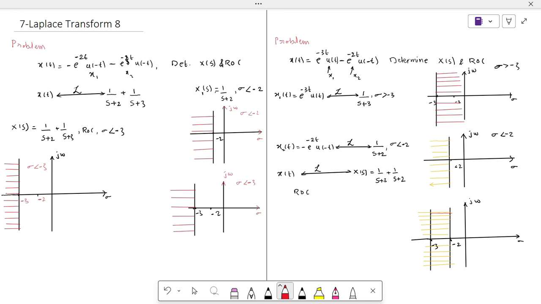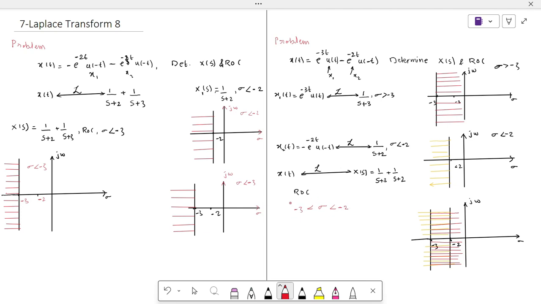So the region of convergence is from minus 3 to minus 2.